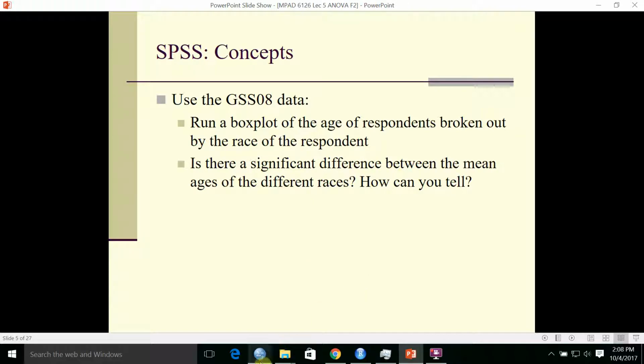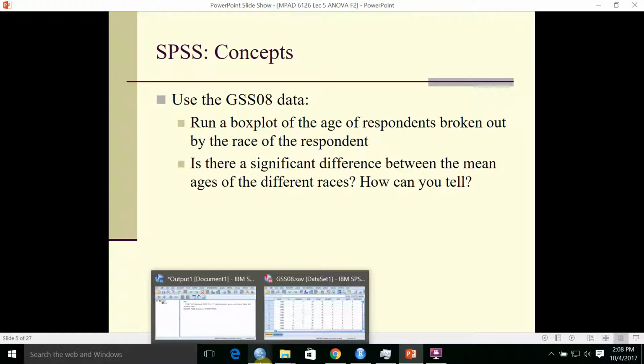We can do that by doing a box plot. So why don't you put this video on pause, and run a box plot in SPSS, and then come back to it, and I'll show you how I ran the box plot and what I see in the data.